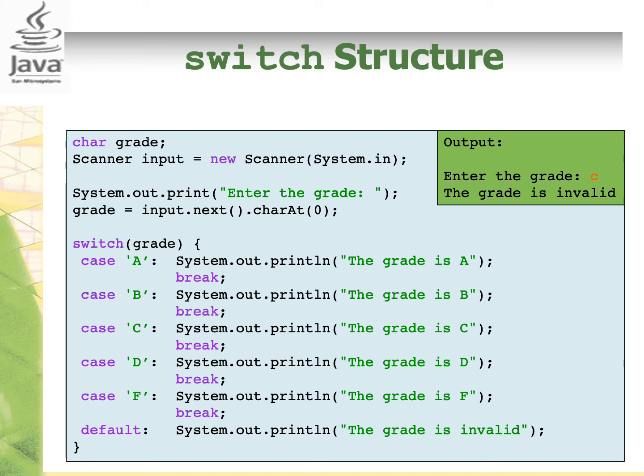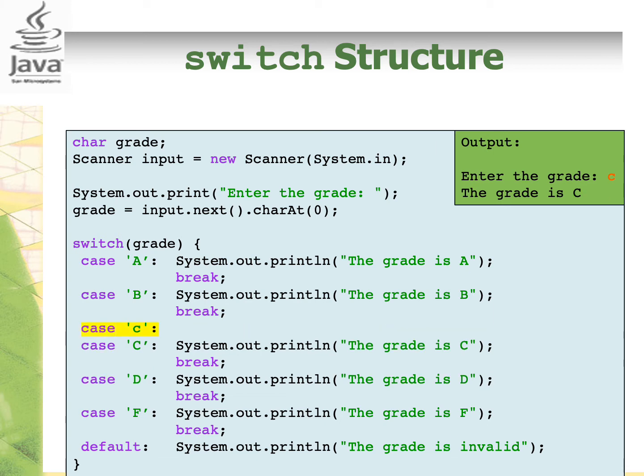How should we modify our code so that regardless of capital letter C or small letter c, it should display the grade is C? We can have another case that is called case small letter c, and then in the next line, case capital letter C. As we have seen in the previous slides, when we don't have any break written, it will continue with the next case and statement.